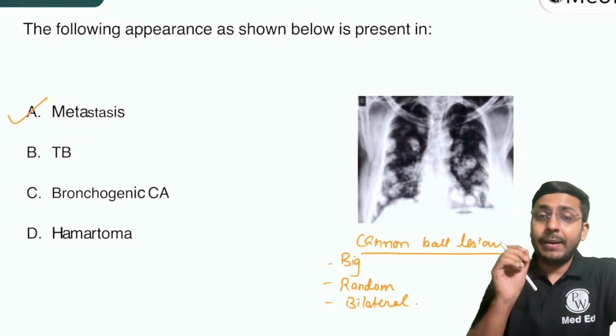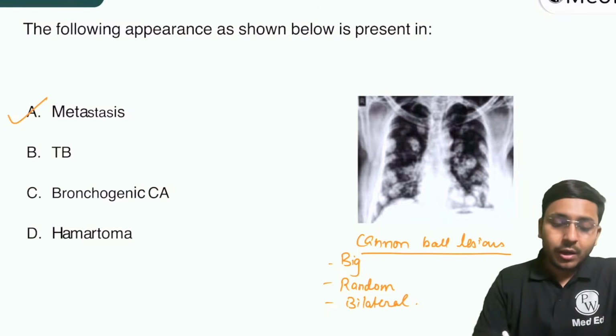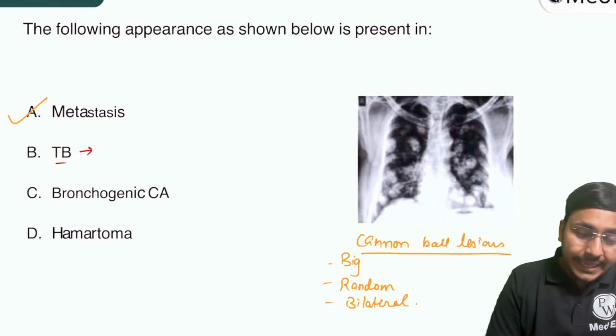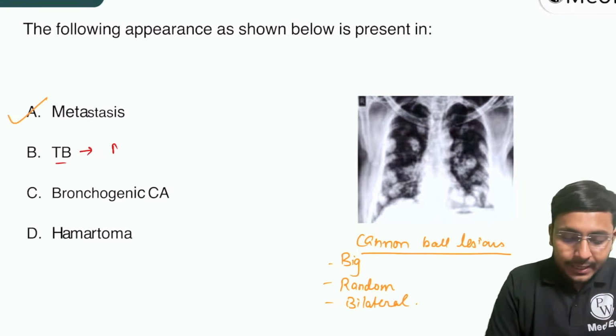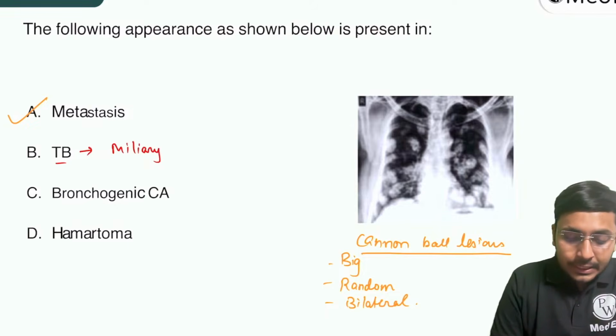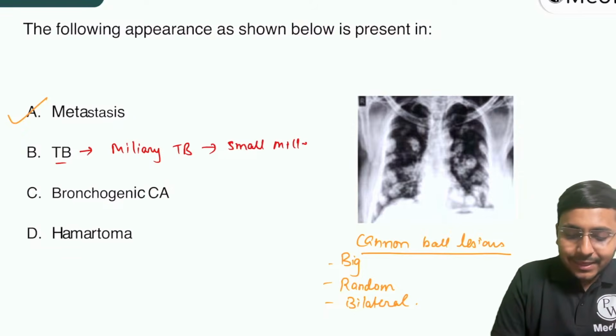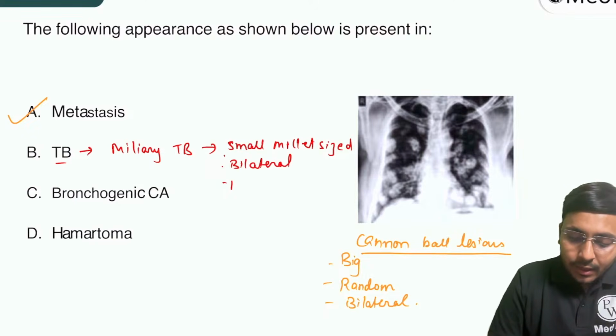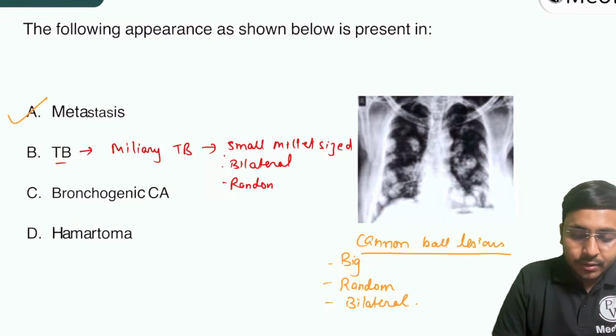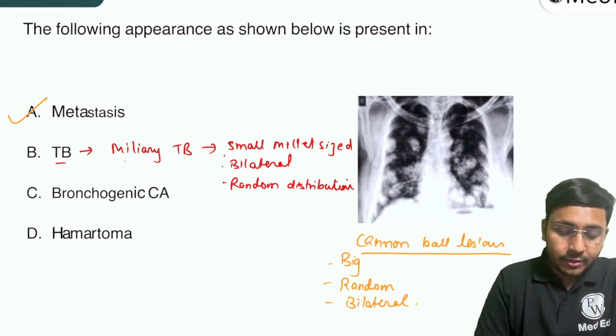Now in comparison, TB can also show this, but in TB what you see typically is miliary TB. Miliary TB you get multiple small millet-sized lesions, again bilateral and again random distribution.